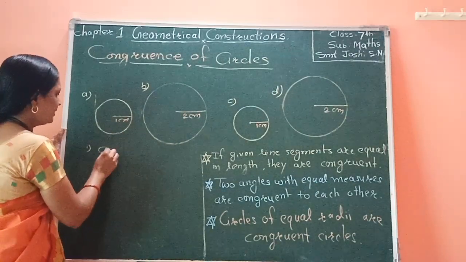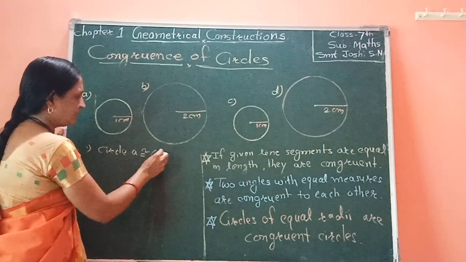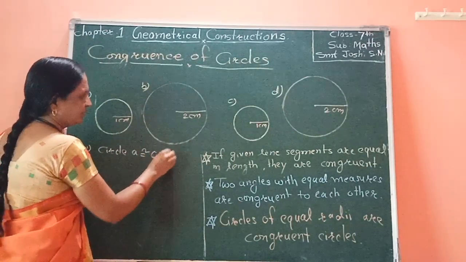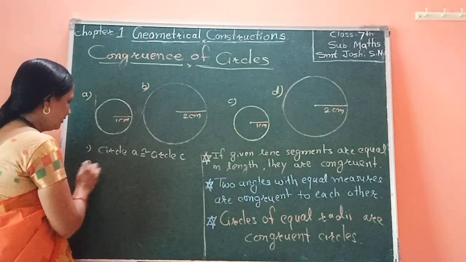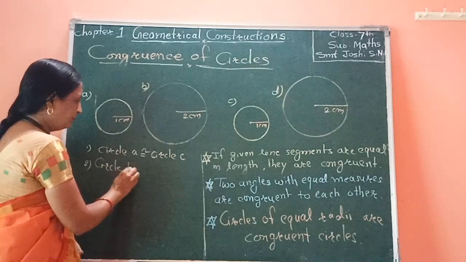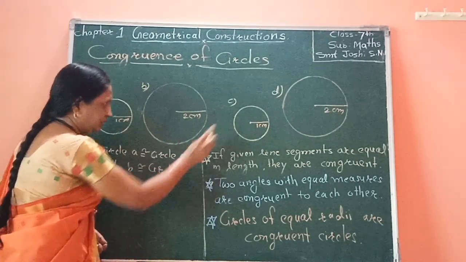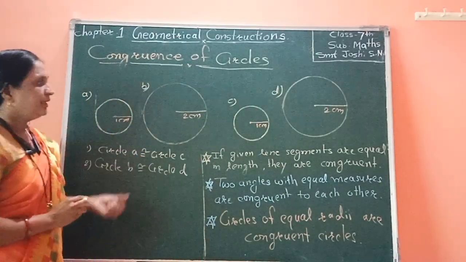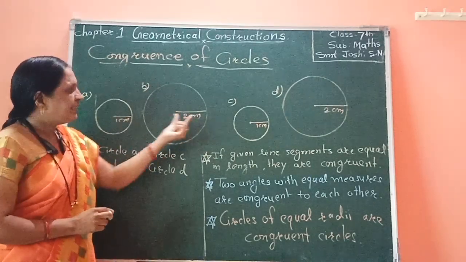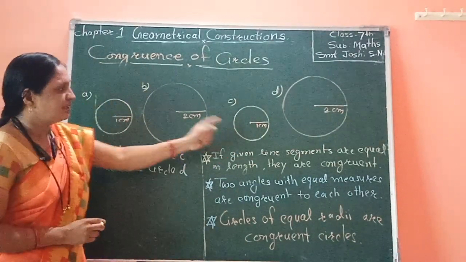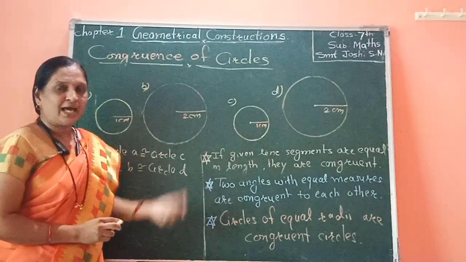Symbolically, circle A congruent circle C. Second, circle B congruent circle D. In circle, when radius of given circles are equal, then the given circles are congruent.